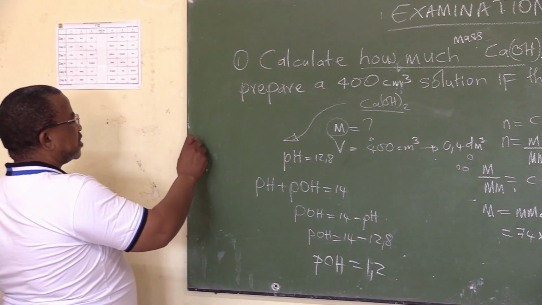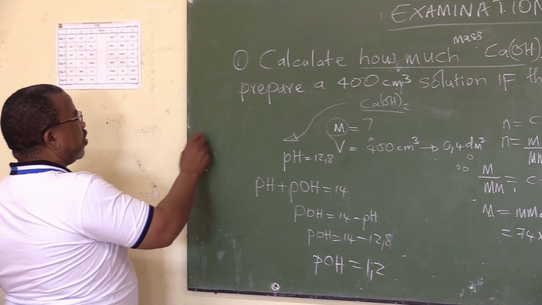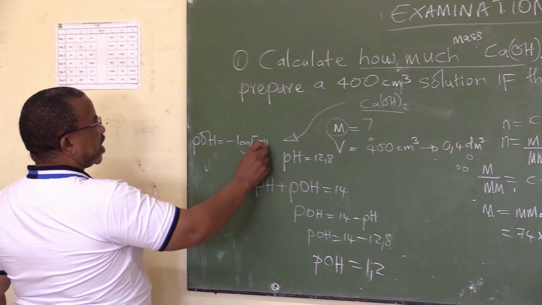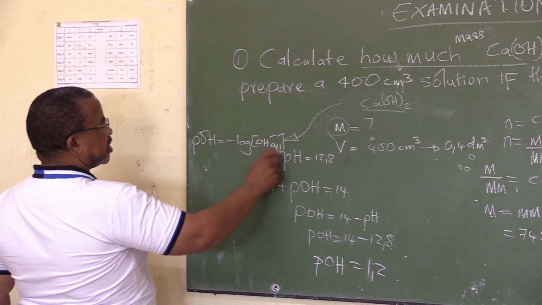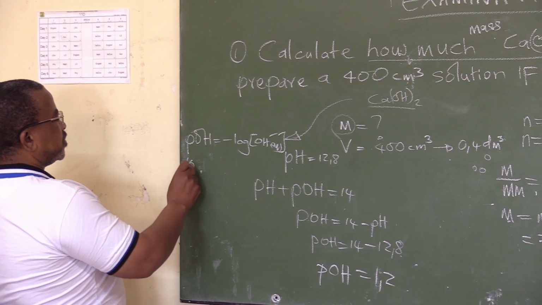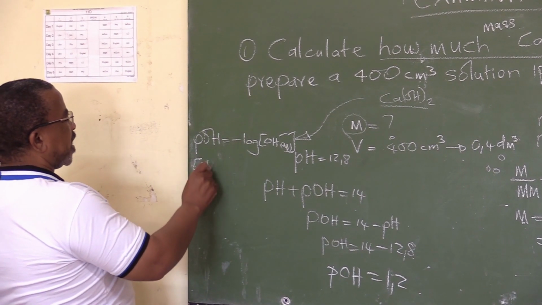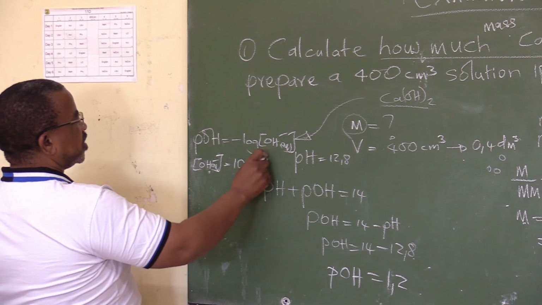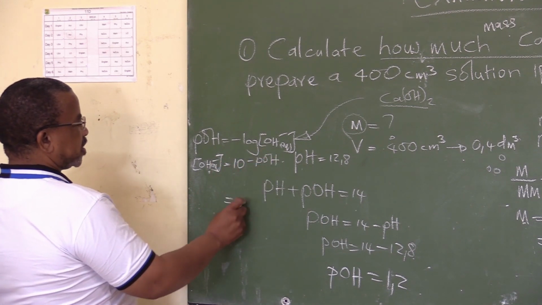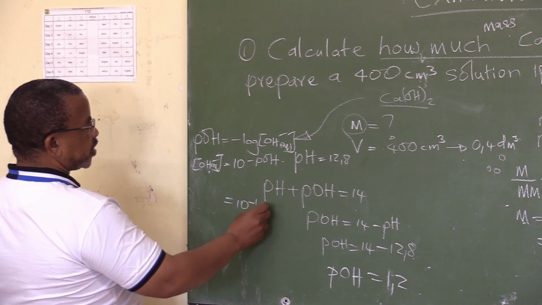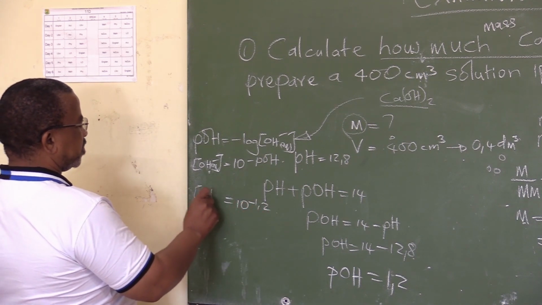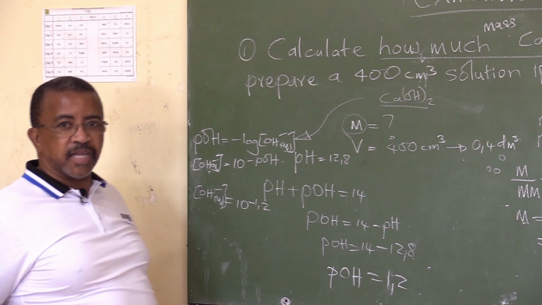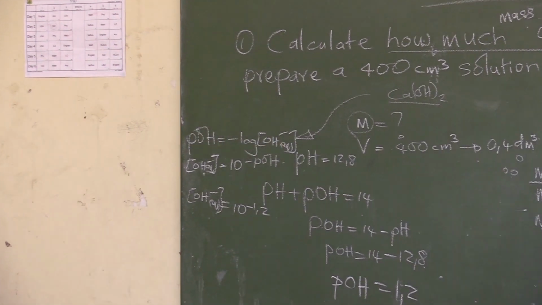pOH is minus log of the concentration of OH minus aqueous. So the concentration of OH minus aqueous is 10 to the power minus pOH, which is 10 to the power minus 1.2. What is 10 to the power minus 1.2?